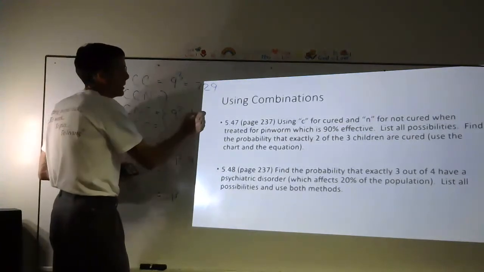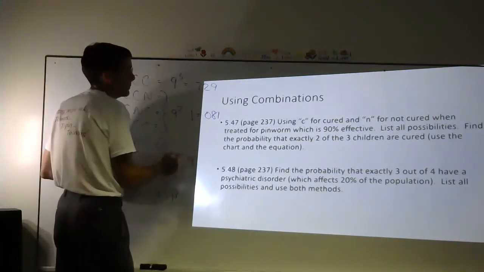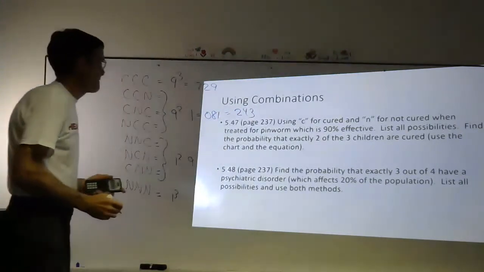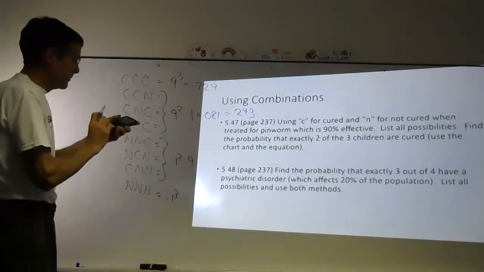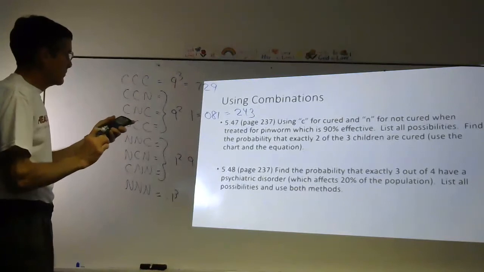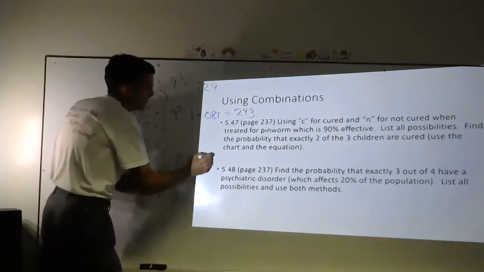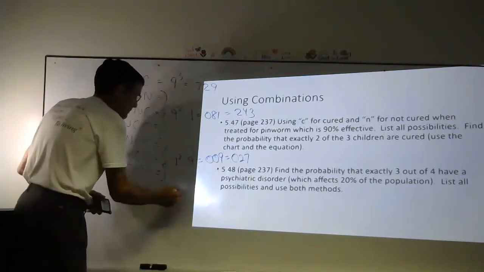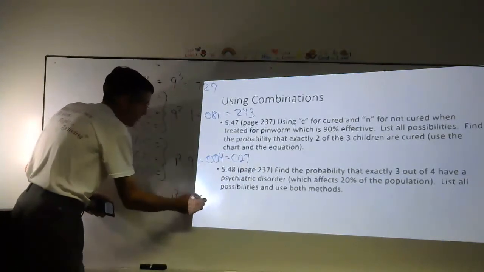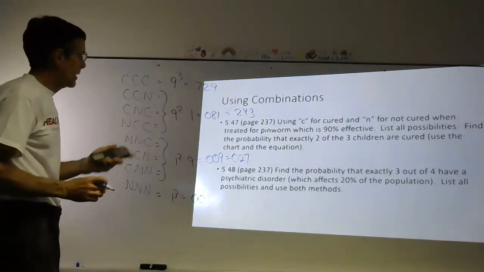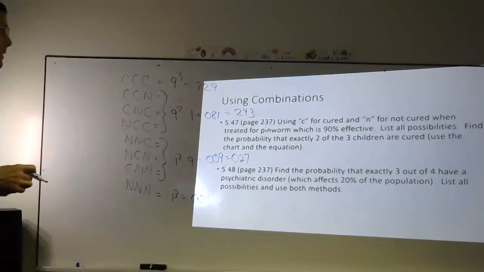Each one of those is 0.081, and 3 of them times 3 is 0.243, okay? 0.1 squared times 0.9 is 0.009, but there's 3 of those, 0.027. And finally, 0.1 cubed is 0.001. Should know that off the top of my head. Sure, it's 0.001. All right, so there, we've listed the whole chart, okay?